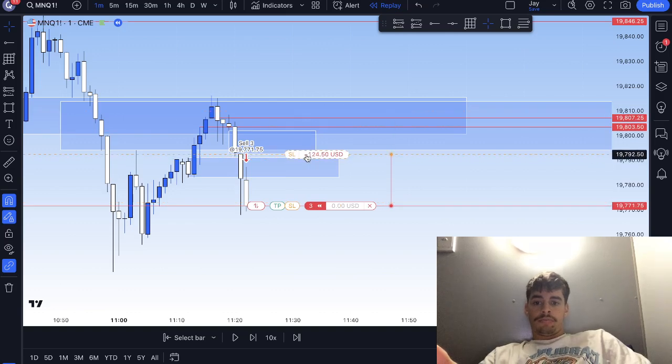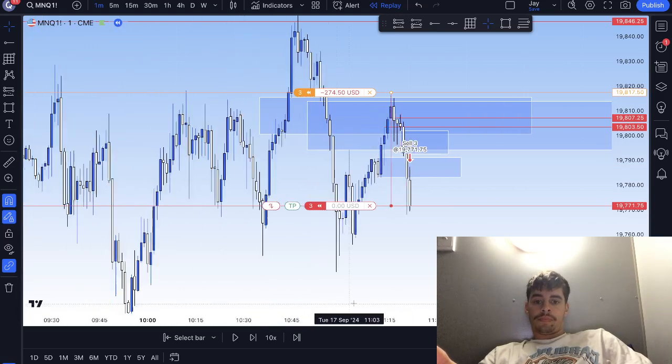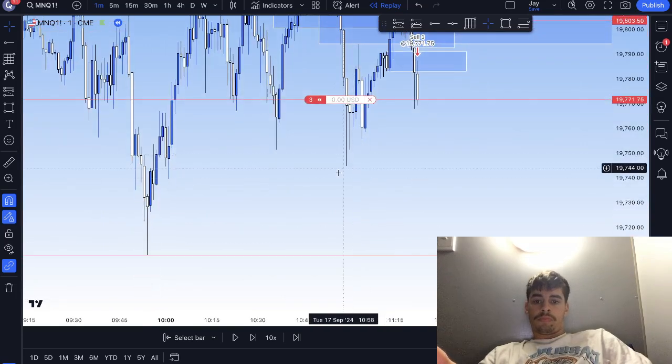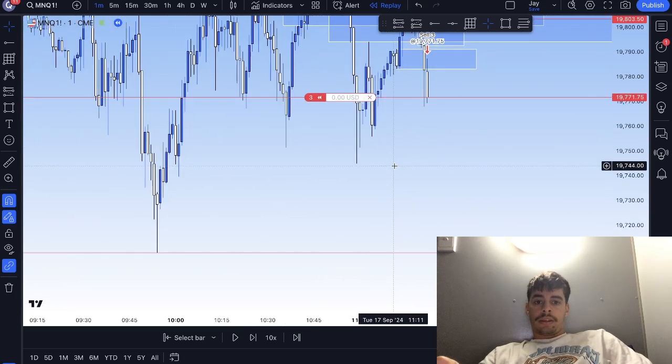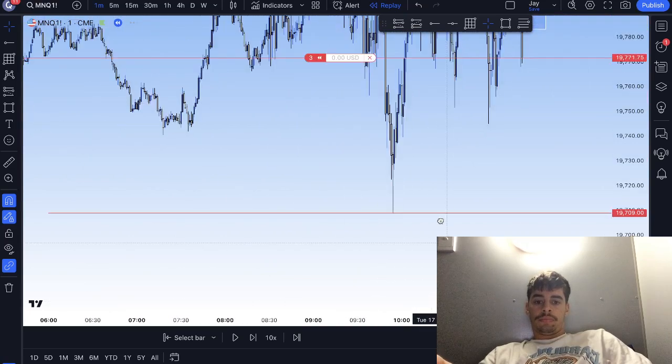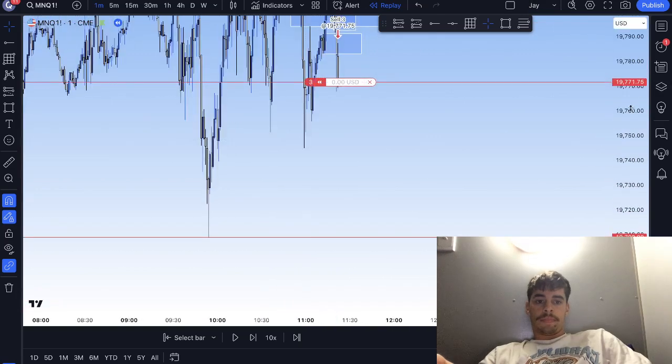Stops could go above the breaker, or above that high. And we've probably said this is TP1, and that is TP2.